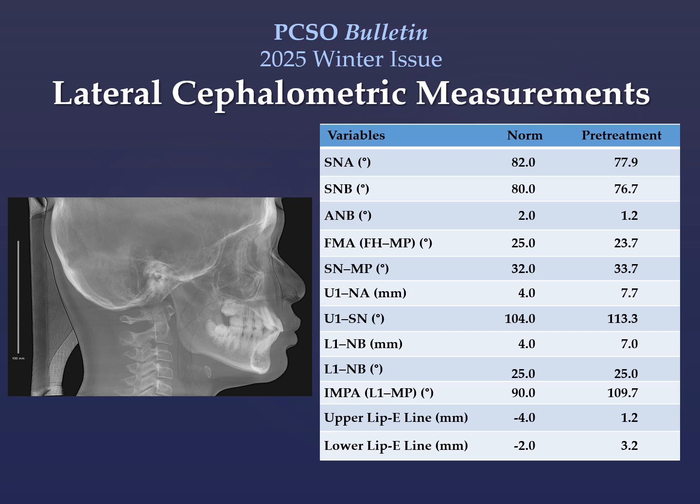The maxillary incisors do appear to be proclined with an upper 1 to SN of 113.3 degrees, and mandibular incisors are proclined with an IMPA of 109.7 degrees as well. And then both upper and lower lips are protrusive to the E-line with 1.2 millimeters and 3.2 millimeters respectively.